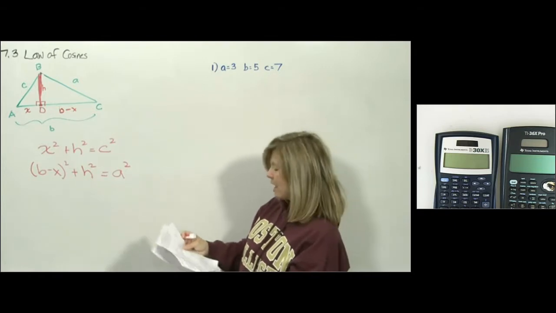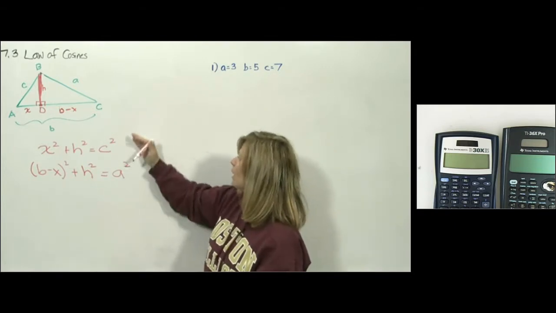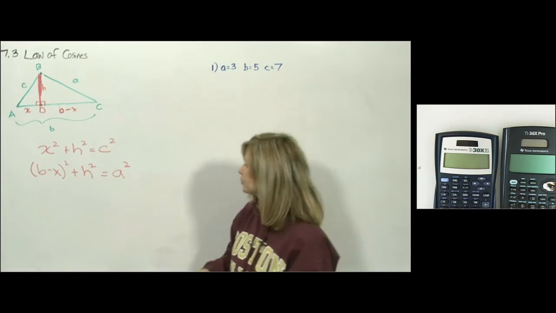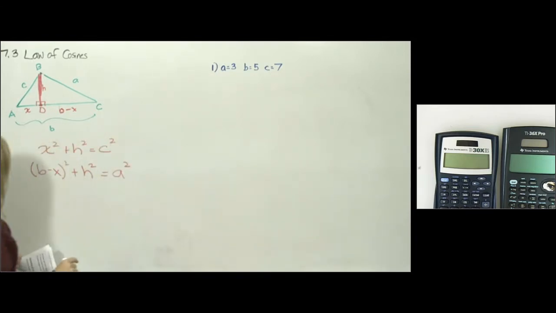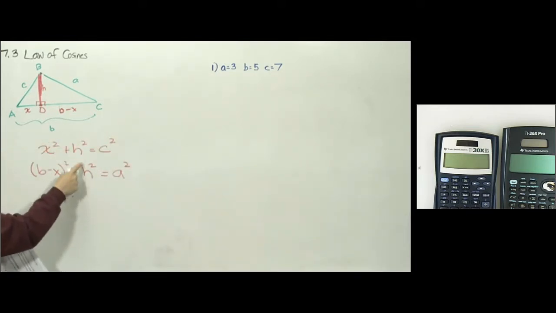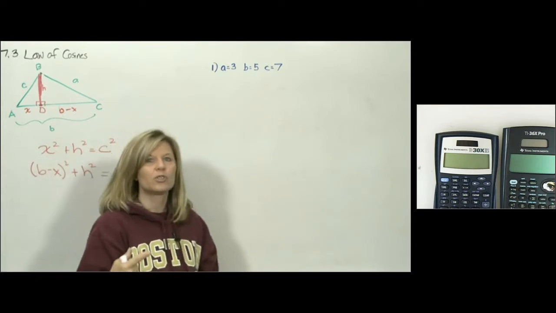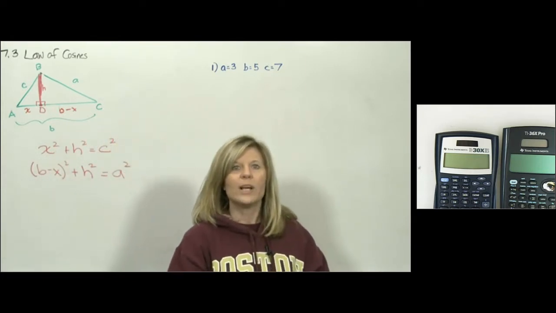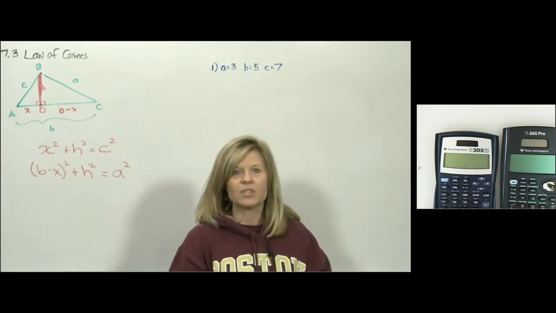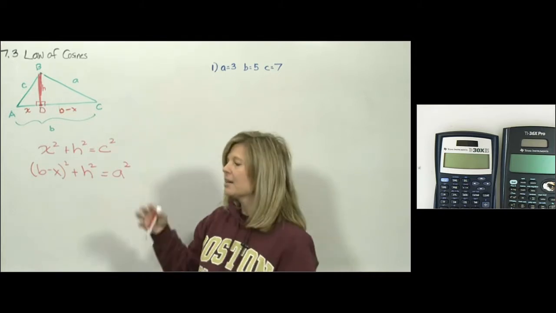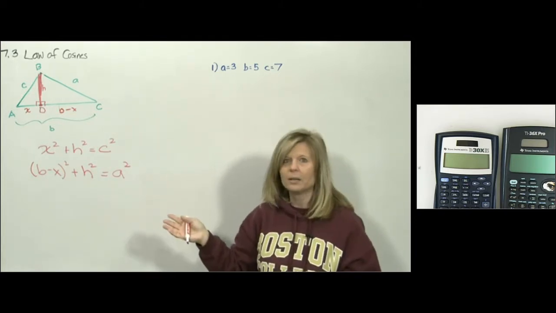Now, because we have a system of 2 equations, we need to put these together. If you look, they both have an h squared in common. So there's 2 ways to put a system of equations together. We either could do substitution or we could do the addition method. Does that sound familiar? It doesn't matter to me which way you do it.